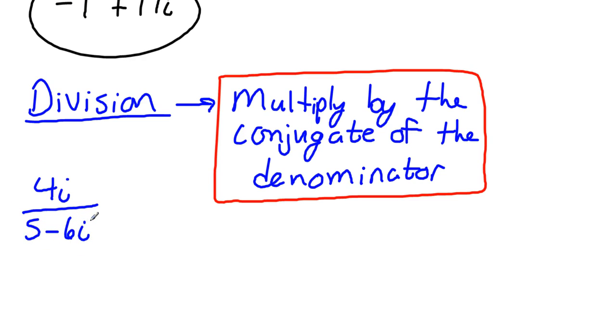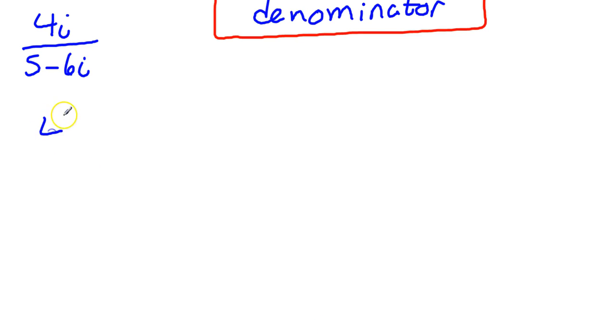So if the problem you had was 4i over 5 minus 6i, we're going to multiply by the conjugate of 5 minus 6i.